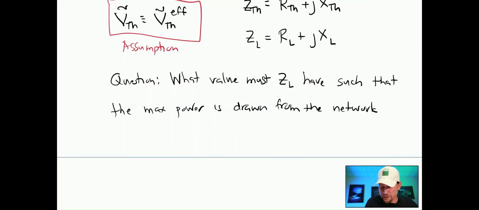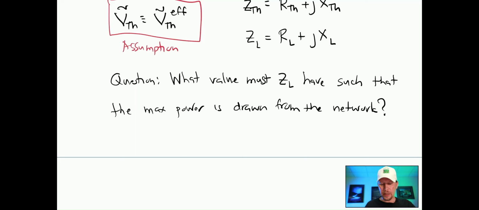Now, one thing that we also need to clarify is that we've been talking about multiple types of power. We have the complex power, we have the apparent power, we have the reactive power, we also have the active or real power. Which power are we talking about? Well, we're talking about the power that will actually go into doing useful work.